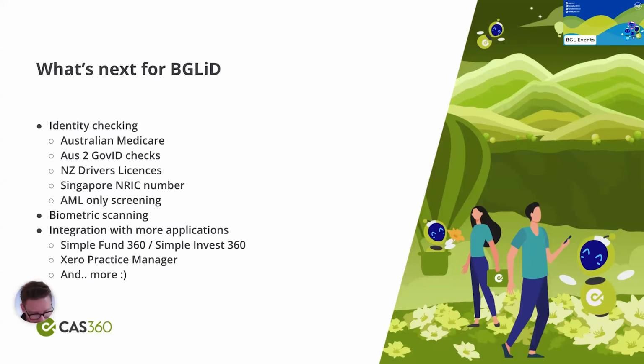So being able to connect your ID verification across your CAS 360, Simple Fund 360, Simple Invest 360, being able to add that to our practice management integration. Being really able to make sure that you're doing the ID verification once, but it appears in all of the applications that you use.